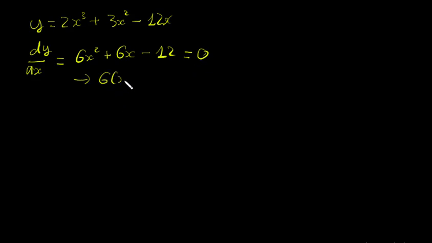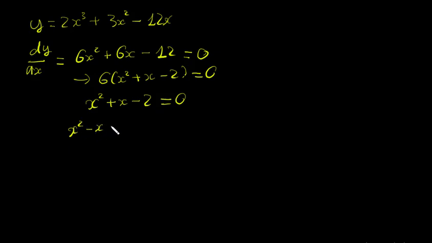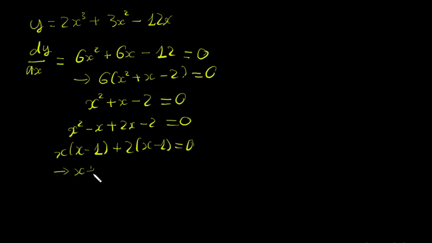So we have 6 multiplied by x squared plus x minus 2 equals 0. So x squared plus x minus 2 equals 0, so x squared minus x plus 2x minus 2 equals 0. So x multiplied by x minus 1 plus 2 multiplied by x minus 1 equals 0. So x plus 2 multiplied by x minus 1 equals 0.